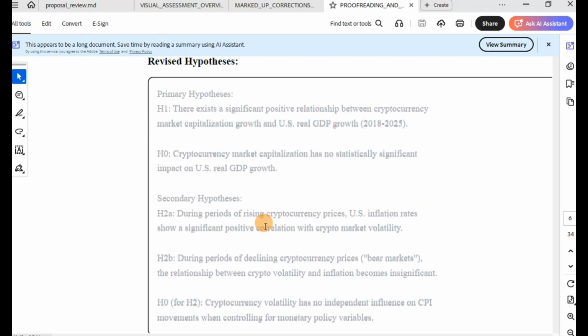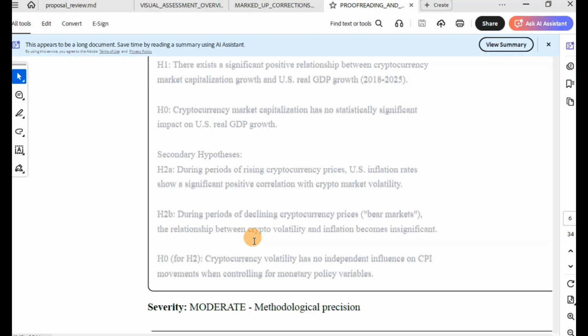He can either choose the first alternative, the primary hypothesis, or the secondary hypothesis. Which is the best? Can we help our colleague to choose the best hypothesis?